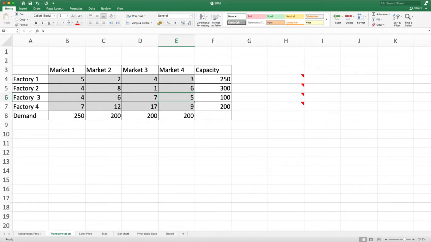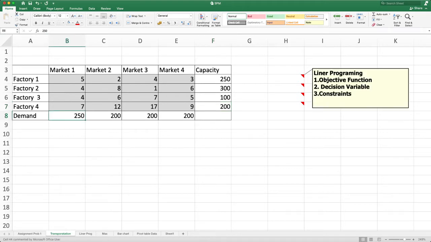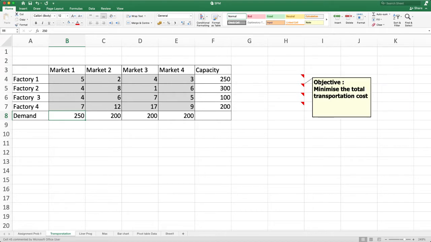You can see the capacity of each factory: 250, 300, 100, 200 respectively, and the demand of each market as well. In the linear programming, you can see the objective function, decision variable, and constraint. The objective is to minimize the total transportation cost.